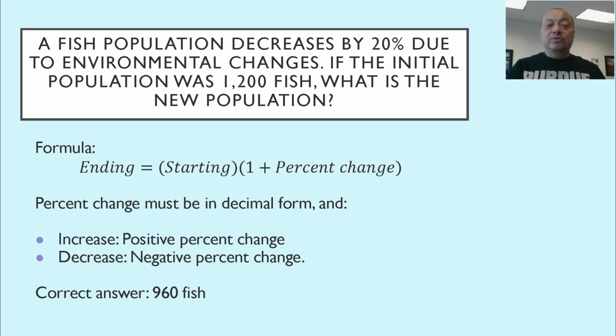The percent change must be written in decimal form, and if it's an increase, then the percent change is positive. If it's a decrease, then the percent change is negative. Go ahead and try this. The correct answer is 960. Make sure you don't get something incorrect like 1180. 960 is the correct answer.